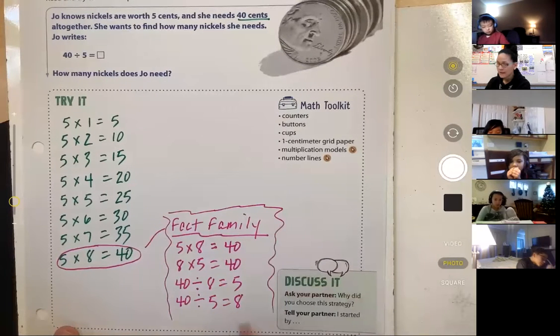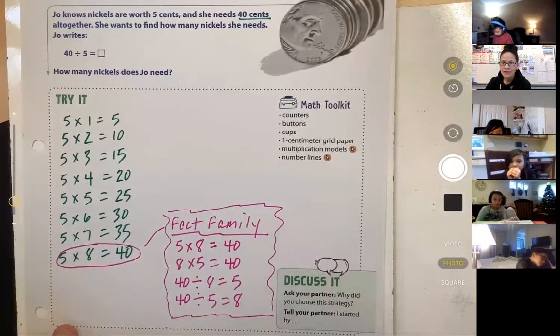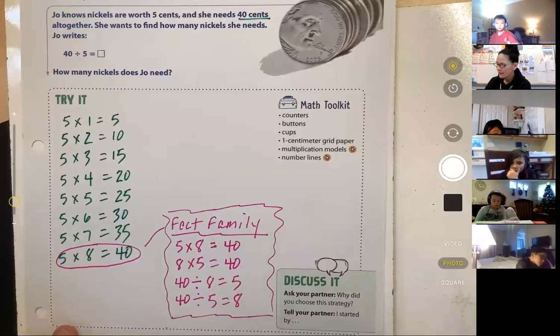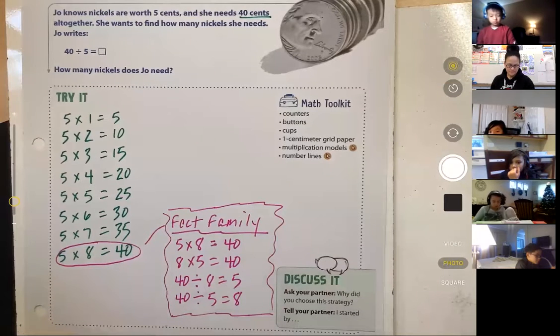Notice what is not changing. The numbers being used. 5, 8, and 40. That is what is not changing. Okay? I'll give you just a minute to make sure you have that written down.